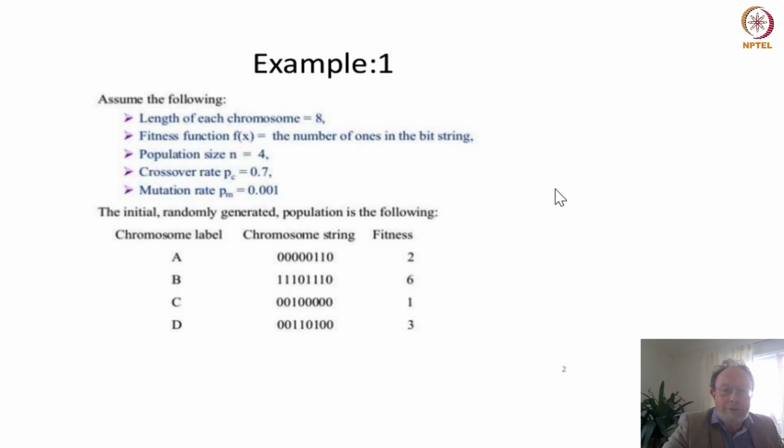We have four data items. We have a fitness function that counts the number of ones. We have a crossover rate, which guides the crossover functionality. We have a mutation rate, and so on. So the hyperparameters are set, and the outline is done.